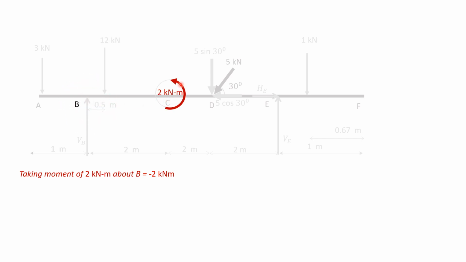Moment of this couple of 2 kilonewton meter about point B, or any point on the plane, will be 2 kilonewton meter. Rotation is anti-clockwise, so minus 2 kilonewton meters.